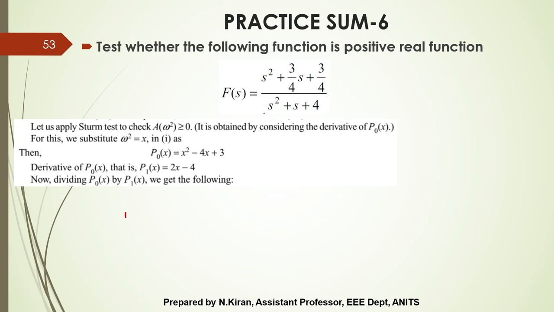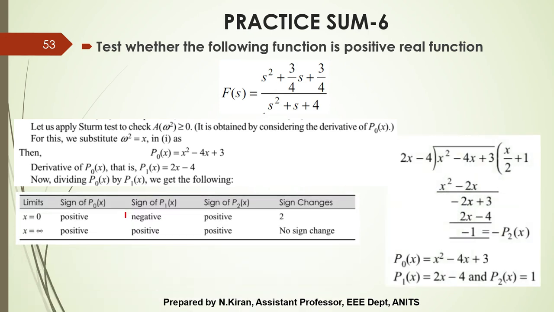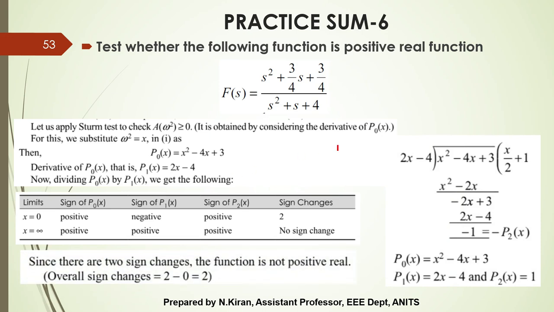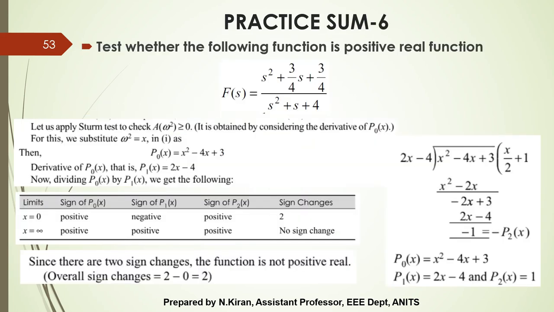I am not sure whether the given function is positive real or not. So I'll apply Sturm's test and check whether there are any sign changes. So here in this case the overall sign changes obtained is 2. So since there are sign changes, the third condition is not satisfied. So since it is not satisfied, the given polynomial is not positive real.